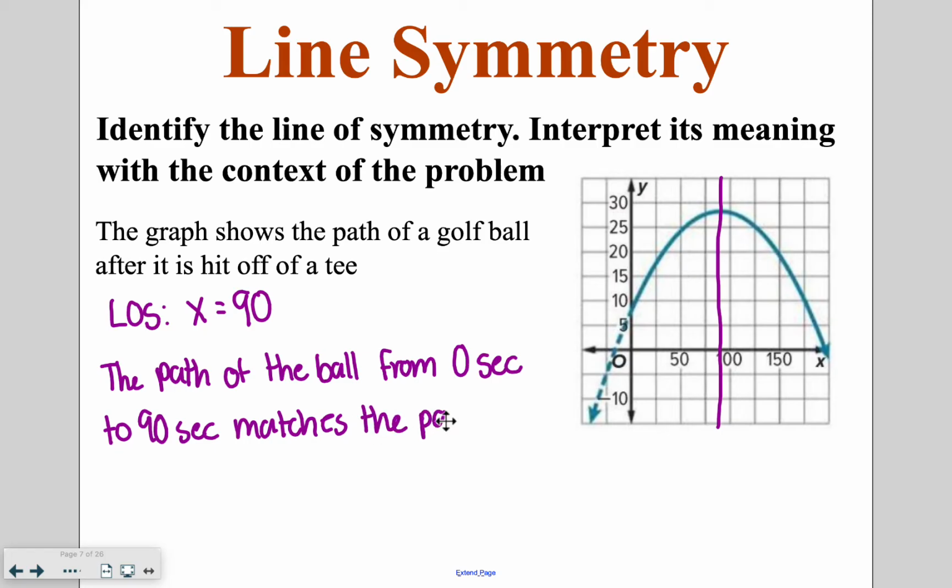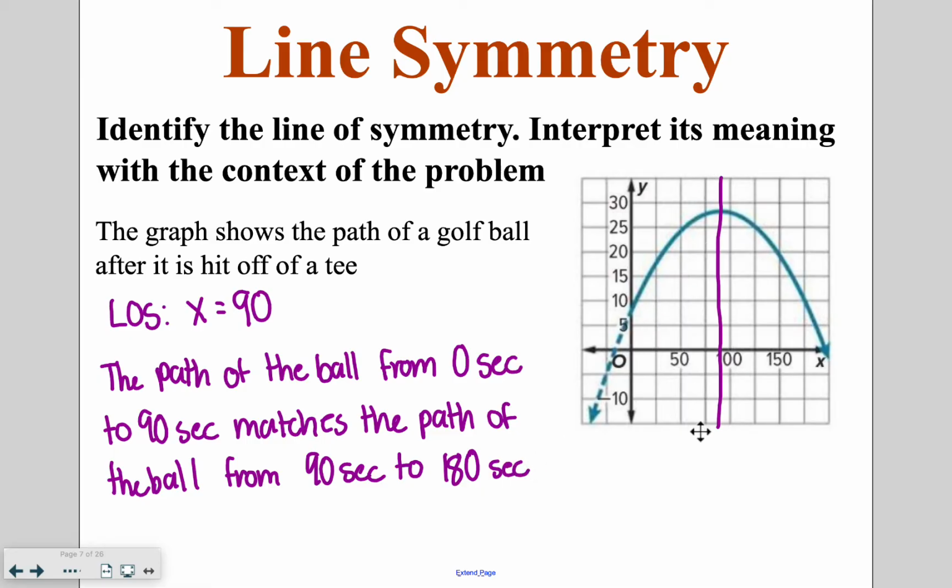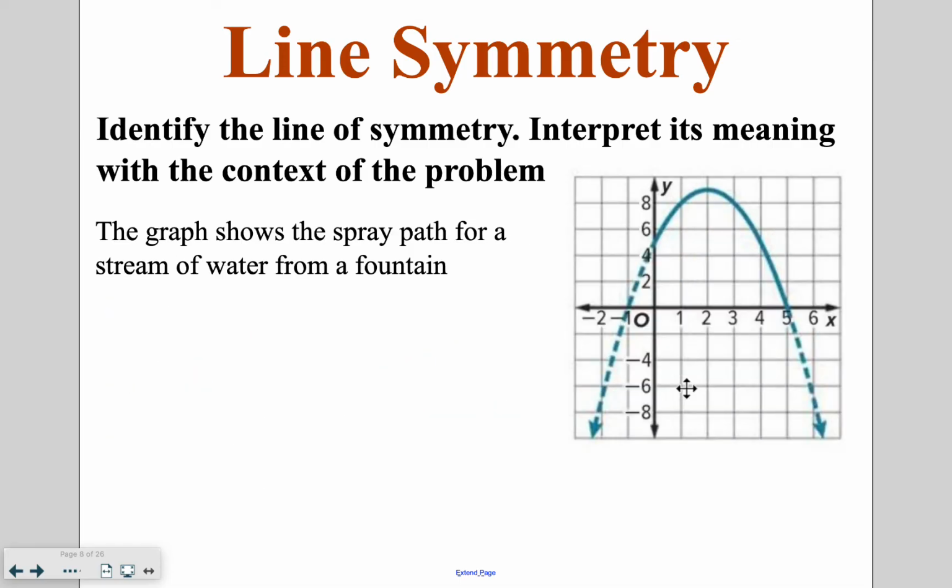So we have it matching, aka being symmetric. So it matches the path of the ball from 90 seconds, so from that turning point now to the end of my graph, which is going to be at 180 seconds. So we have that perfect symmetry between the two pieces. Go ahead and try this one on your own.